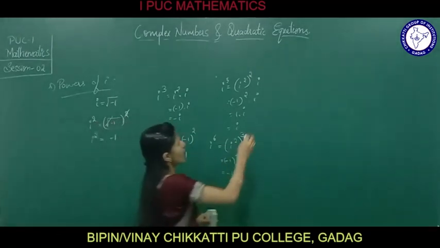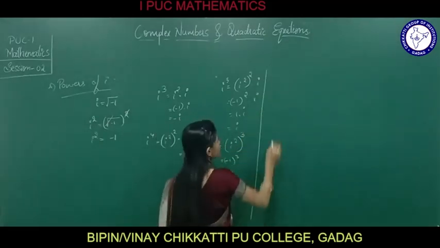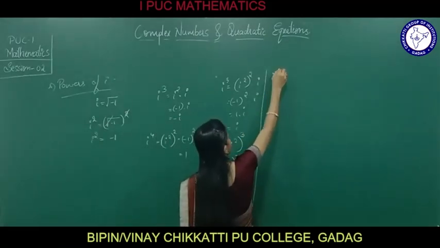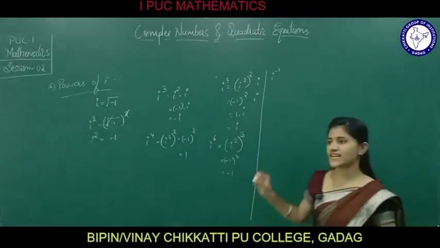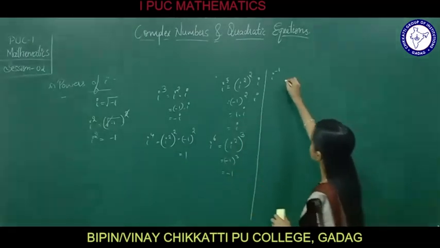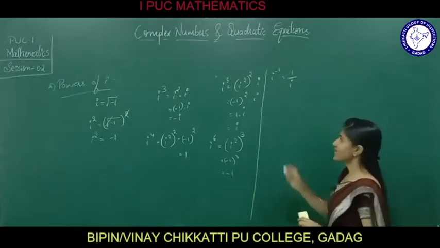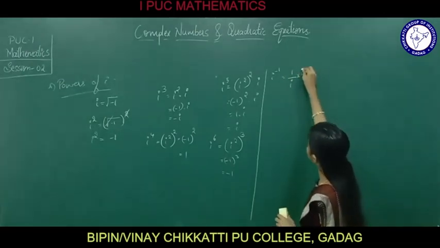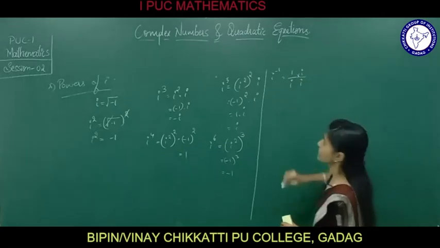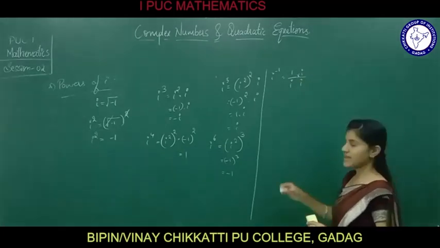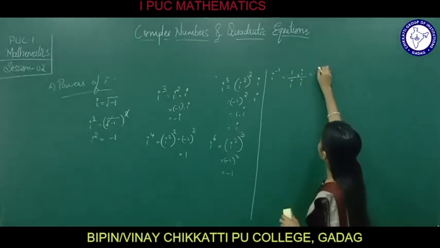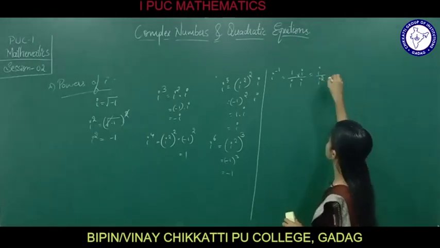What about i raised to -1? How can we write this? Can we write it as 1 divided by i? Right. Then let us multiply and divide this by i, which is nothing but i divided by i square.